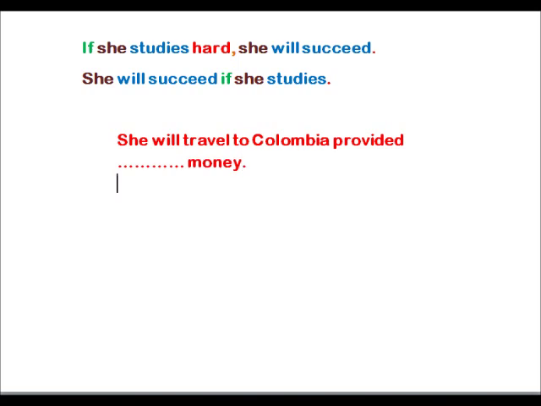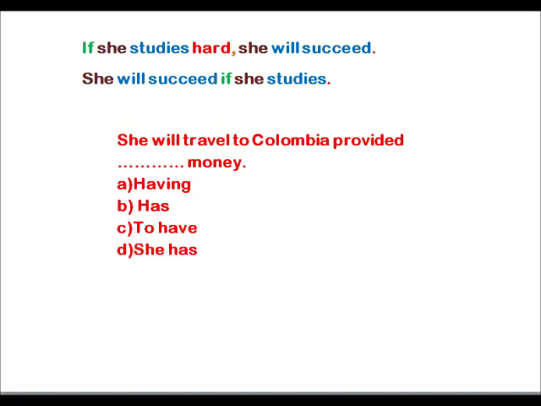Choice A is having. Choice B is has. Choice C is to have. And choice D is she has.